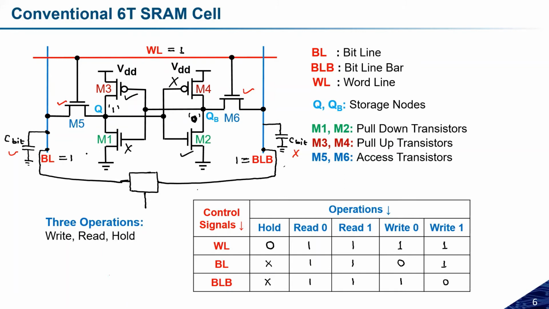Now I have charged both the bit line capacitors. If you see here, this is charged, M6 is in on state, M2 is in on state. Now the bit line bar will get a path and be discharged through transistors M6 and M2, and the bit line capacitor will not discharge.